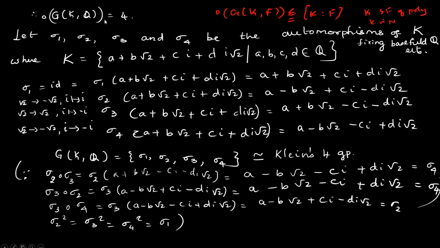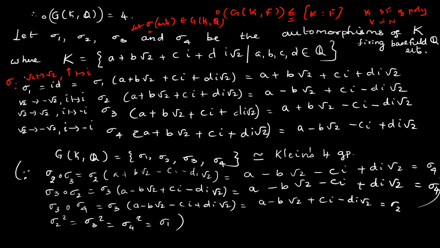Otherwise, as I said earlier, let sigma be an arbitrary element in G(K/Q). These are the possibilities for sigma. It can take root 2 to root 2, i to i.